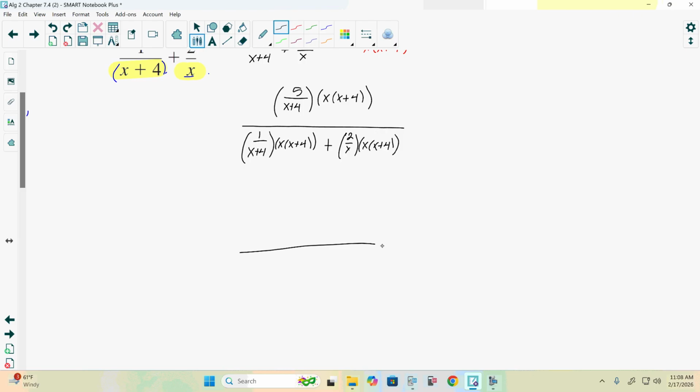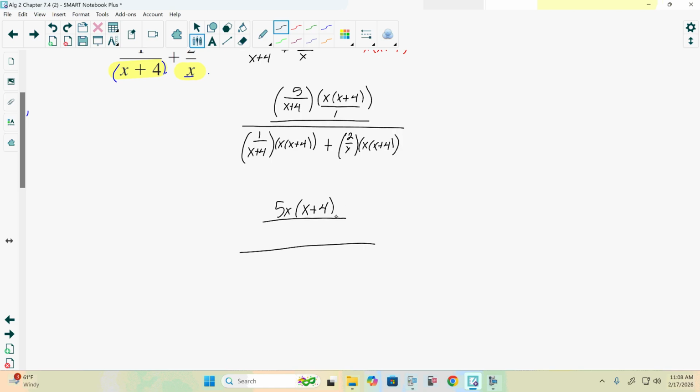Now with the numerator, with this expression here, when I multiply a fraction by an expression without a denominator, we know that the other expression's denominator is 1. We multiply top with top, bottom with bottom. So the 5 and the x times x plus 4 are going to multiply together.